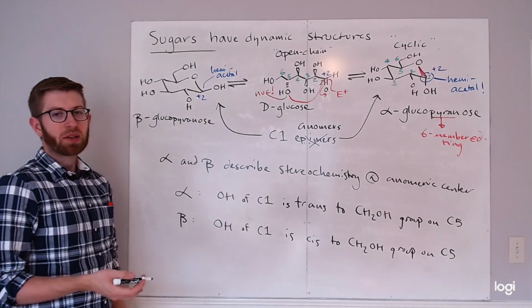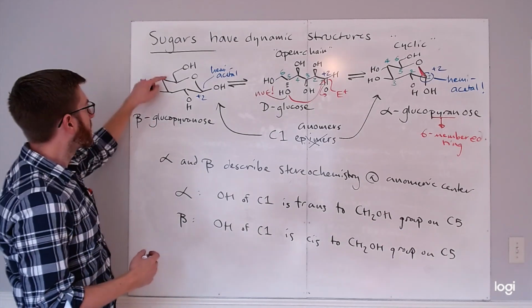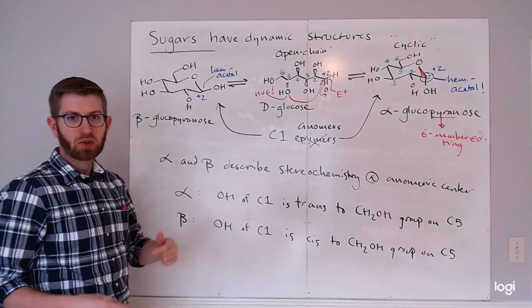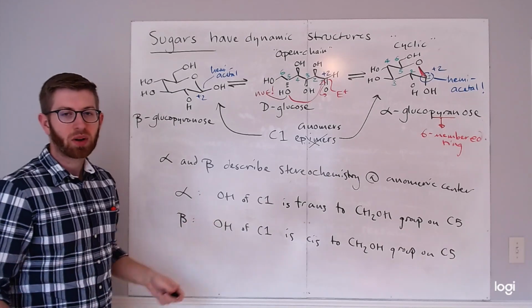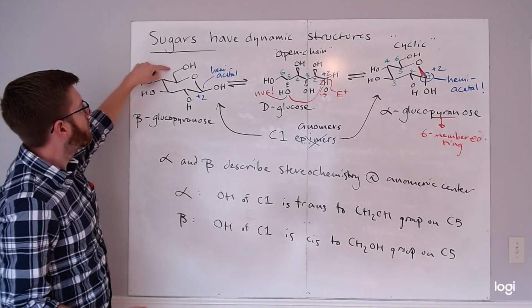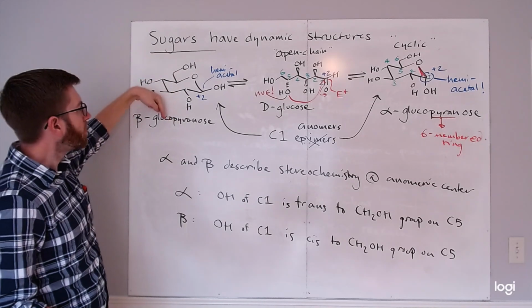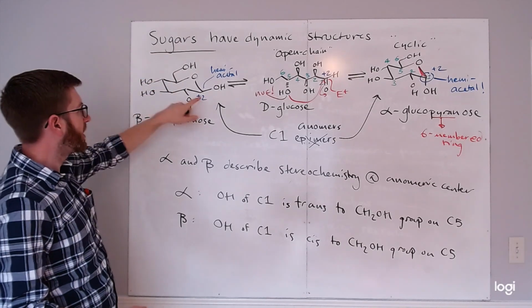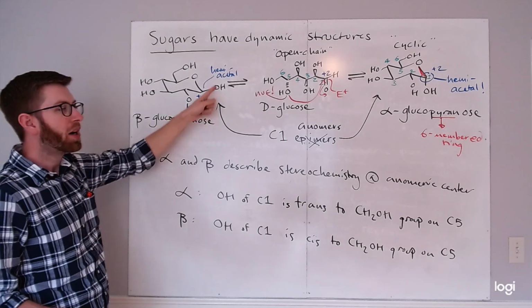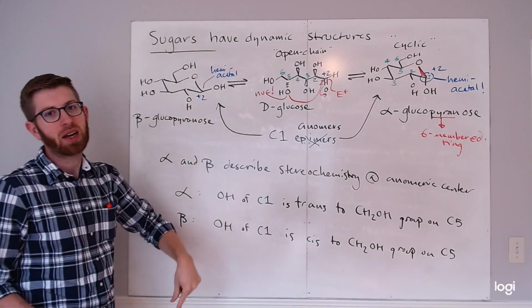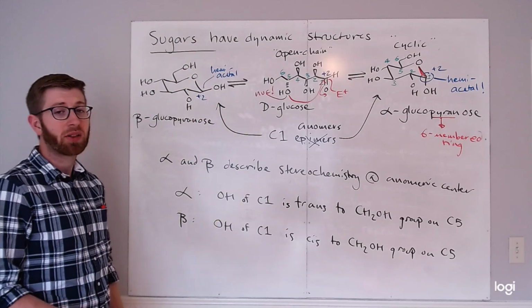This is important because depending on the sugar you have, like mannose versus glucose versus idose or altrose, sometimes the CH2OH group is actually pointed down. And that means you can't just say that every time this OH group is up, it's beta, and every time it's down, it's alpha. That's true for some sugars, but not others.